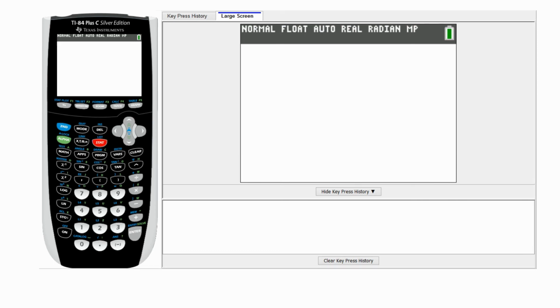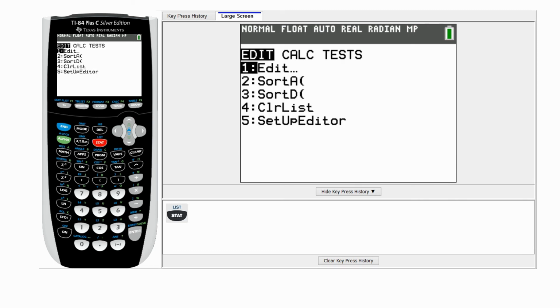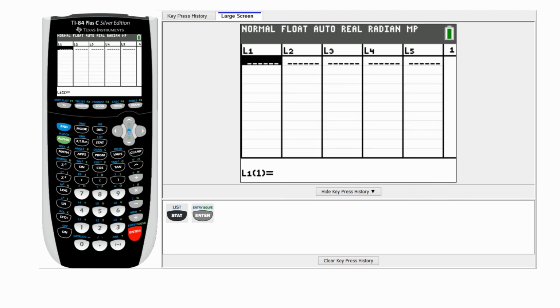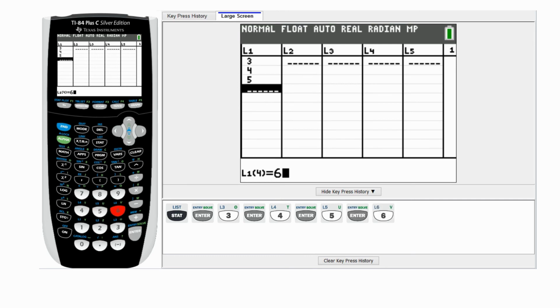On our calculator, stat, and we want edit, and then we'll type our years, 3, 4, 5, 6, and 7. Arrow over to L2, and then we'll type the employees.